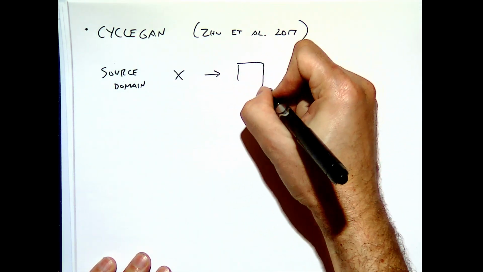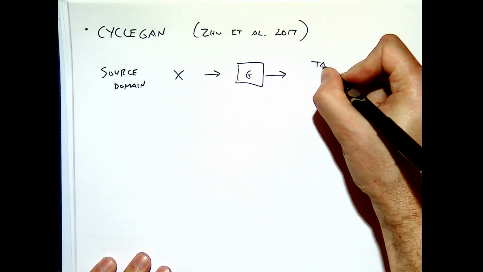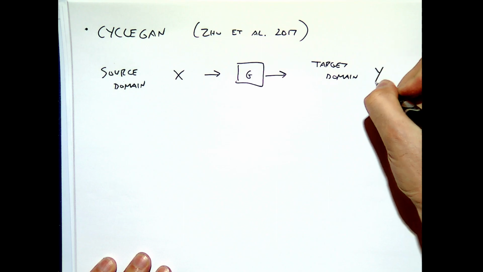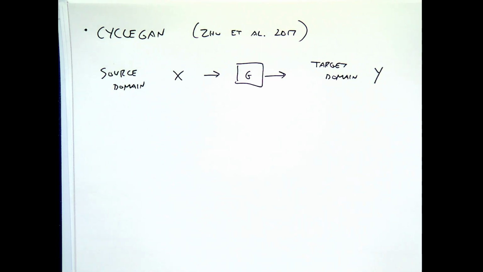I put that through a generator, and what I produce is something in the target domain Y, right? And these are both images.